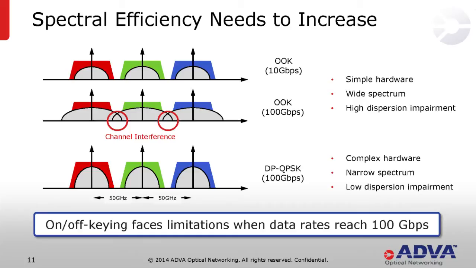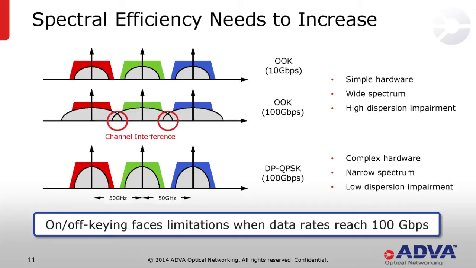And if you use 10 gigabit transmission with what we call on-off keying, it means if there's a 1 bit, we send light. If there's a 0 bit, we send no light. So just on and off. Then this fits nicely into this channel architecture there. So in each of those 50 gigahertz channels, we can easily transmit 10 gigabits per second.